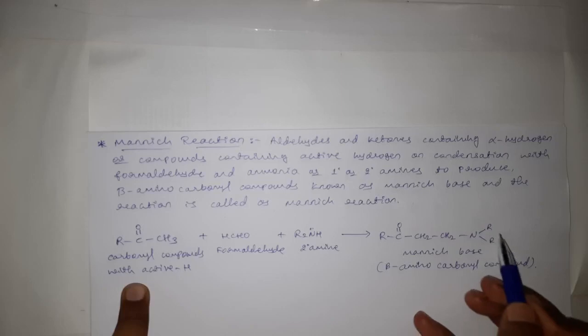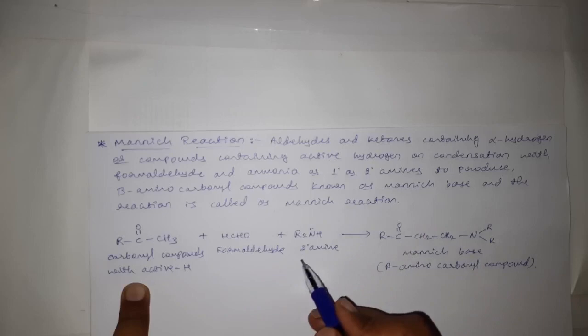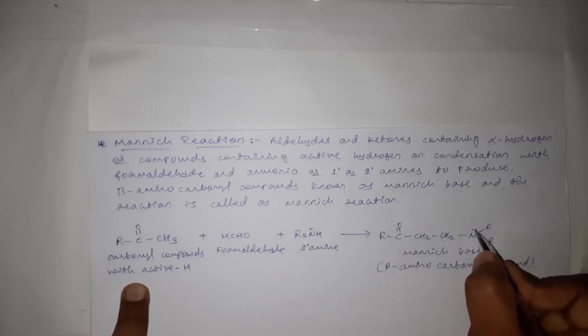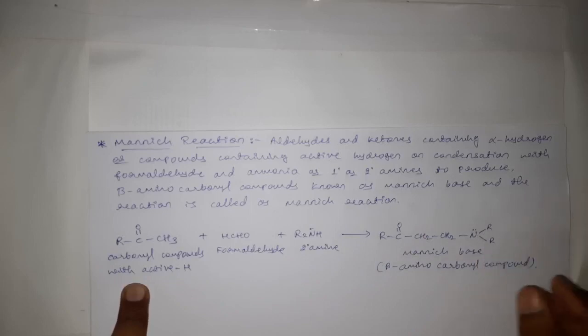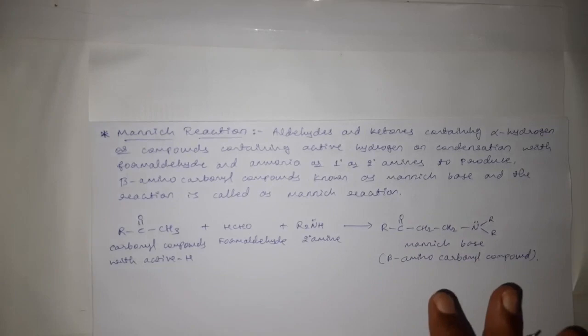On the beta carbon an amine group is there, therefore it is called a beta amino carbonyl compound, or it can be called a Mannich base. The whole reaction is called Mannich reaction, and it is called base because the nitrogen contains a lone pair of electrons which can be easily donated. This is the Mannich base general reaction.